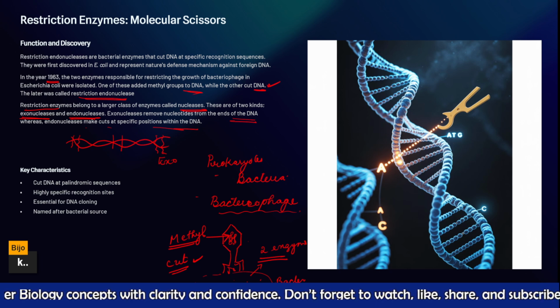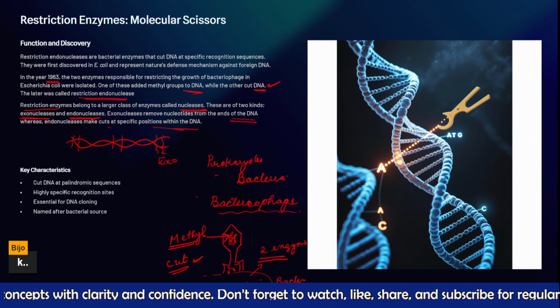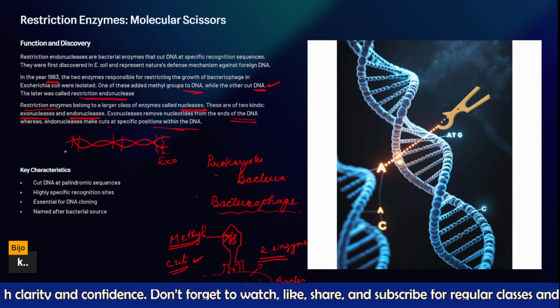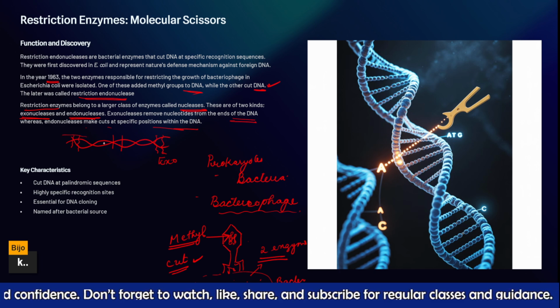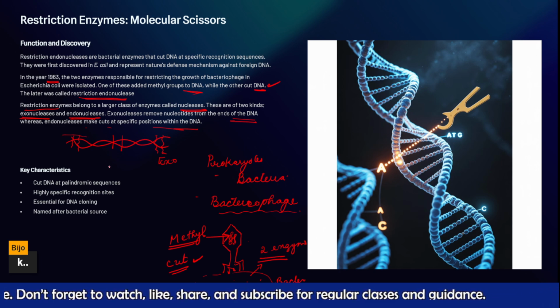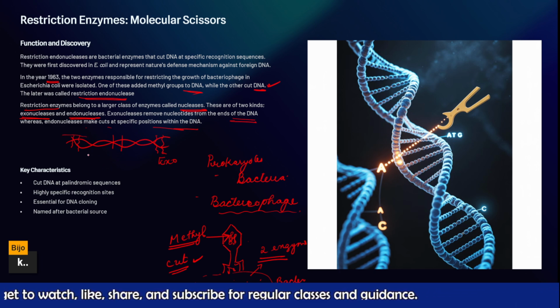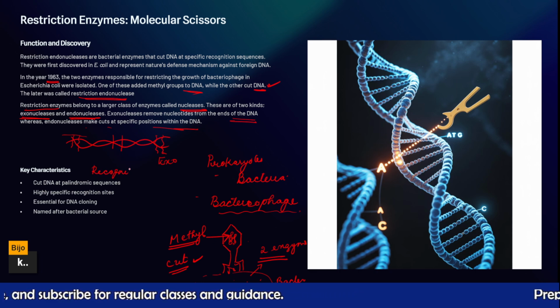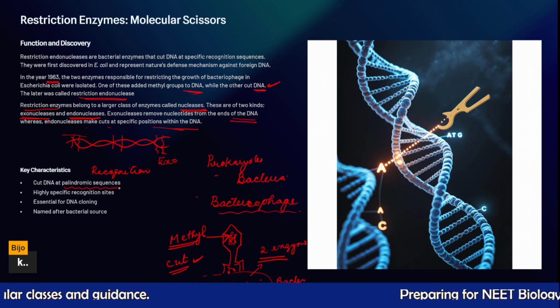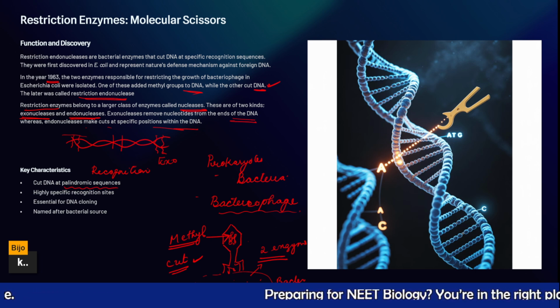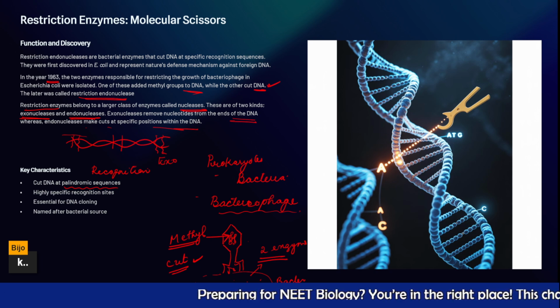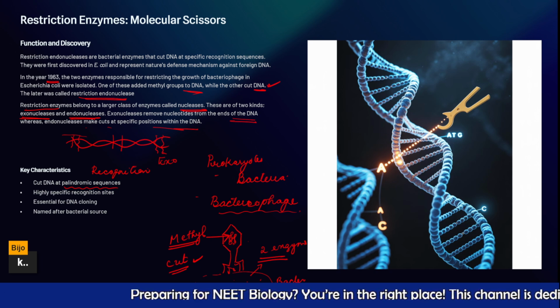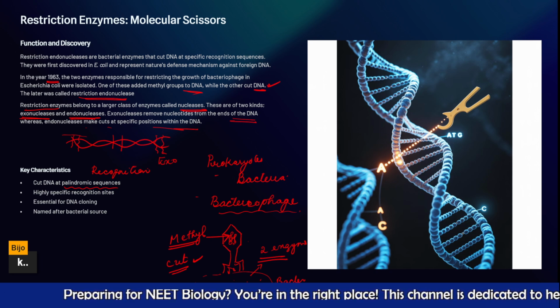These restriction enzymes have specific features. They go through the DNA and find specific sequences, and those sequences are called recognition sequences or palindromic sequences. What are palindromes? When we read from right to left and left to right, it is the same.